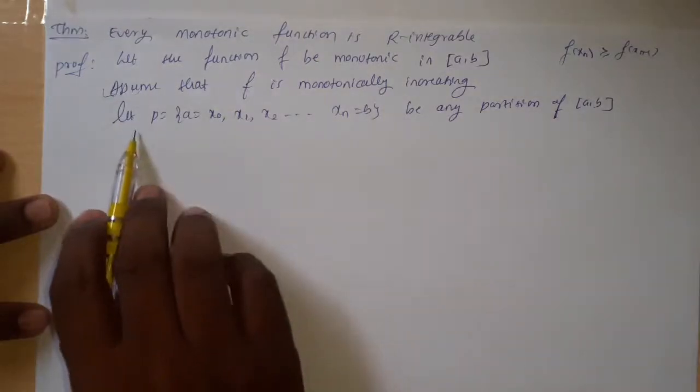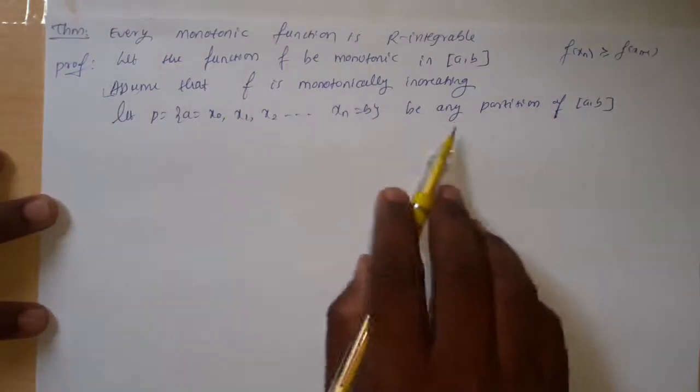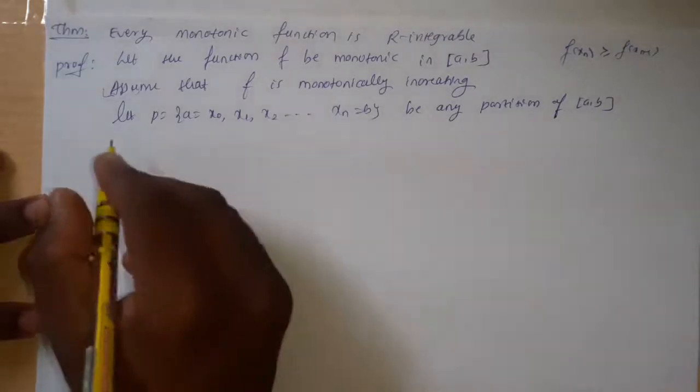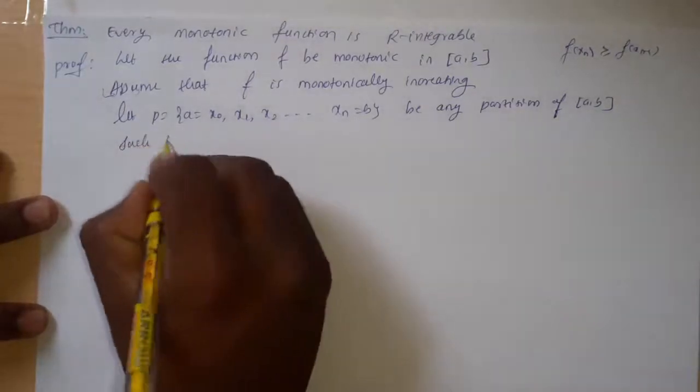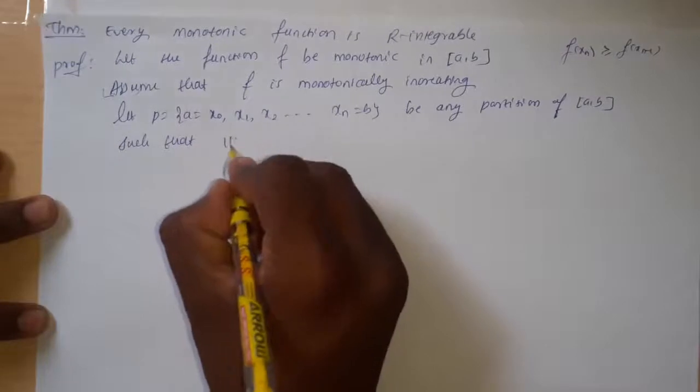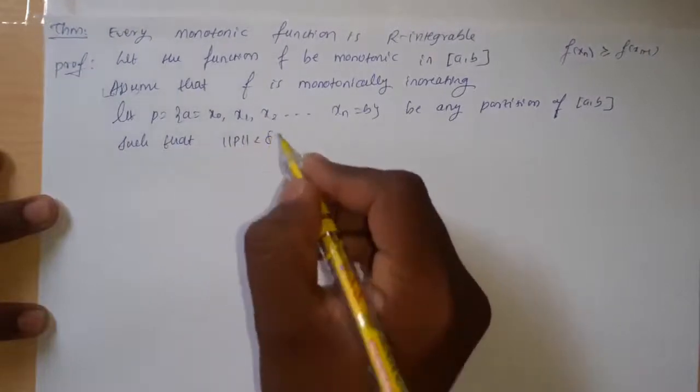Here we are considering the partition P of the closed interval [a, b] such that the norm of P is less than delta.